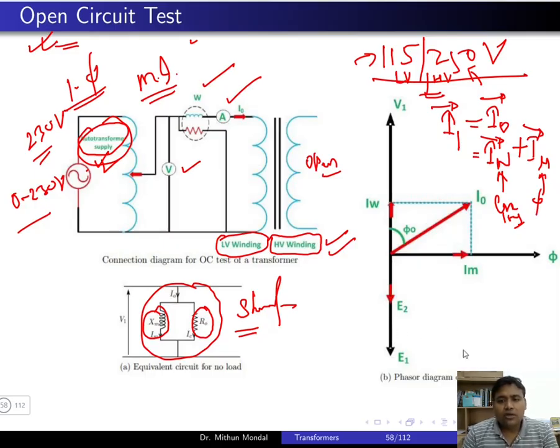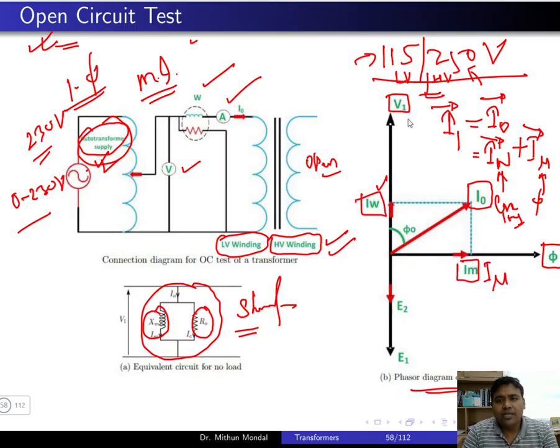If we draw the phasor diagram of the transformer under the no load condition, taking the reference as flux phi, we know that the input voltage will lead the flux by 90 degrees. The no load component I naught will be broken down into two components, I mu or Im, anything which we can write, and Iw.